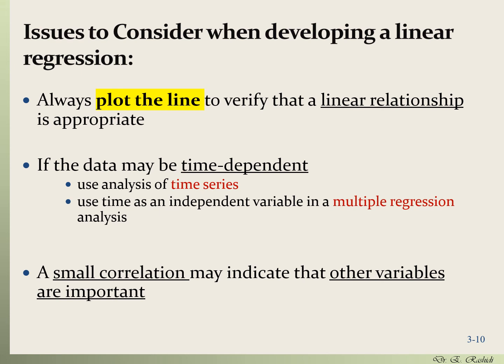The next point is about a small correlation. If your linear regression model has a small correlation, that may indicate that there are other important variables that you haven't considered.